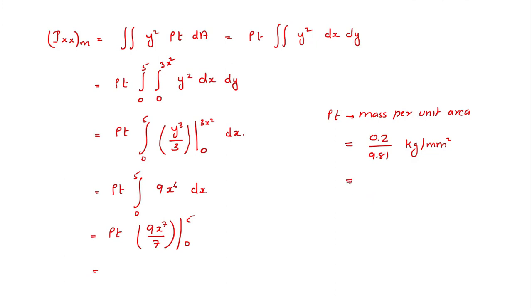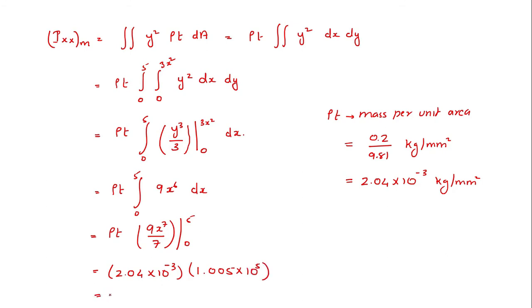This will give me 2.04 into 10 raised to minus 3 kilogram per millimeter square, multiplied by, if you solve this, 1.005 into 10 raised to 5.